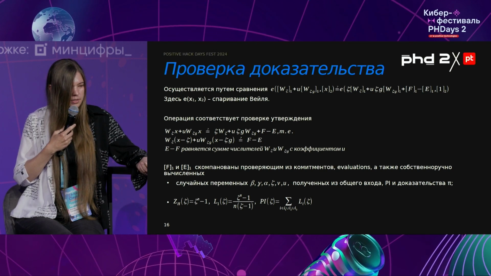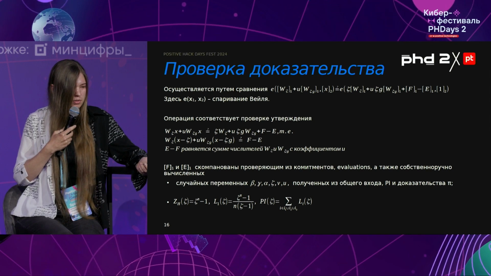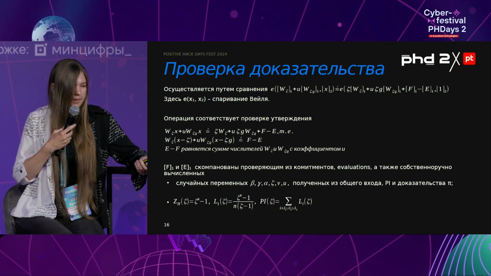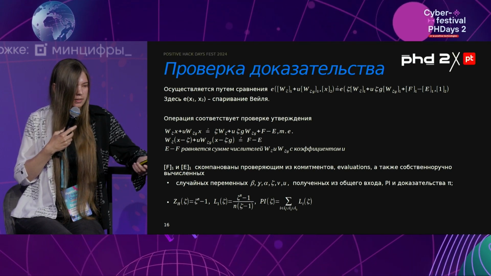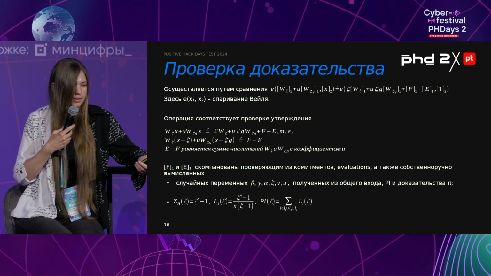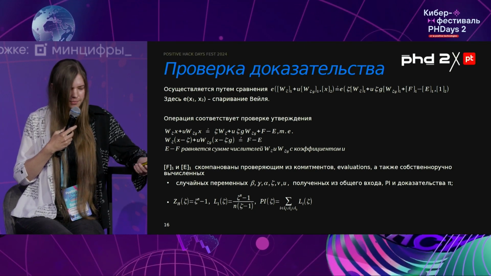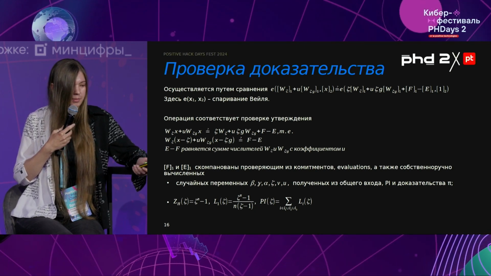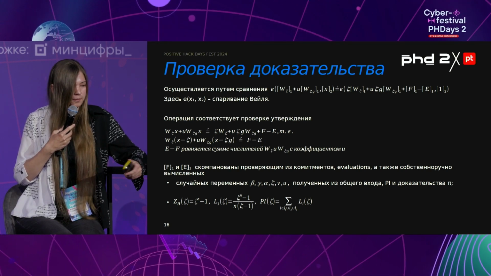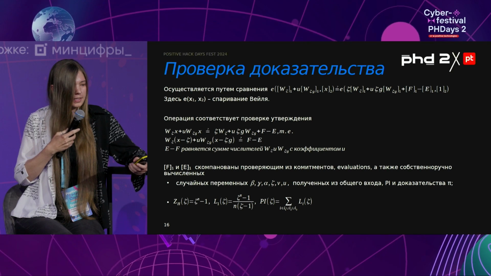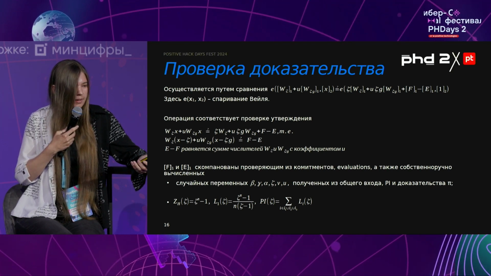With the use of them, they come up with E and F. F will be equal to the sum of the numerators of Wz with the coefficient u.